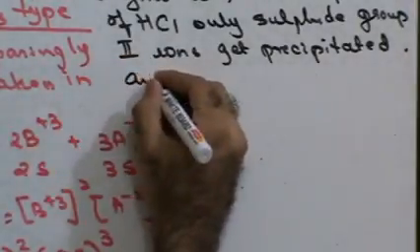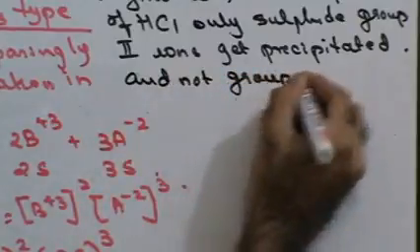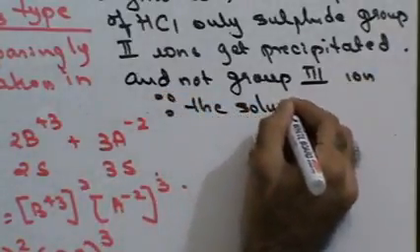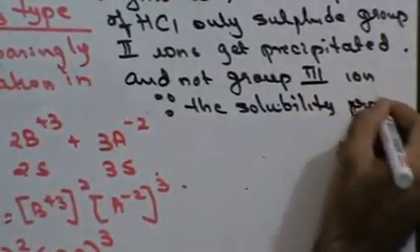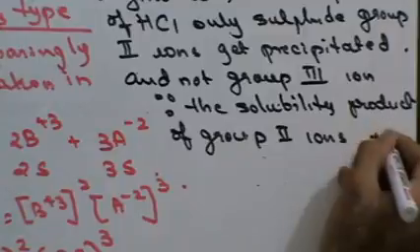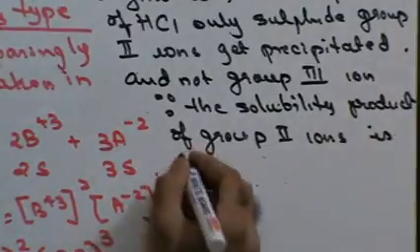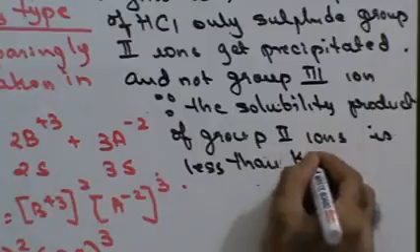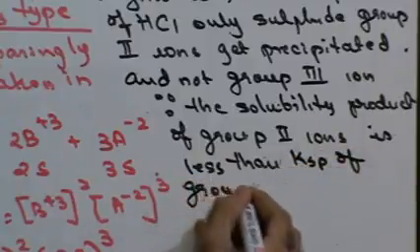Group 2 ions will get precipitated and not group 3 ions, because the solubility product of group 2 ions is less than the solubility product of group 3 ions. This is how you precipitate group 2.